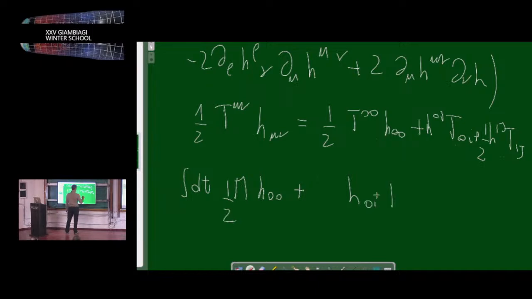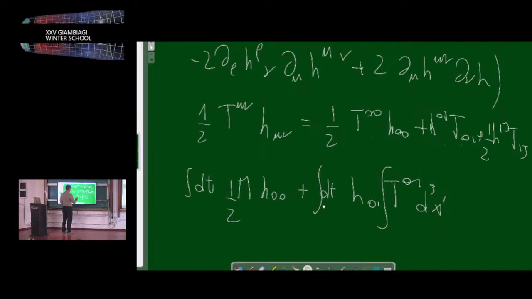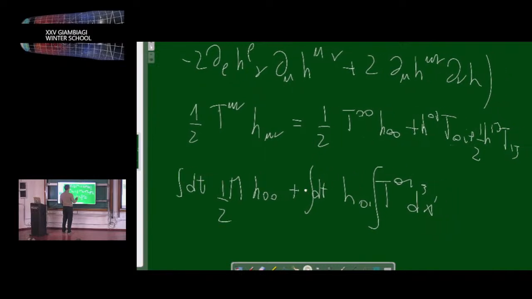And then we get the integral over dt and the integral over d3x prime of T0i. Okay, you see, these are the two non-radiative couplings. This is non-radiative, this is non-radiative, this is the radiative coupling. But remember, we have to do the expansion over retarded time on these two.